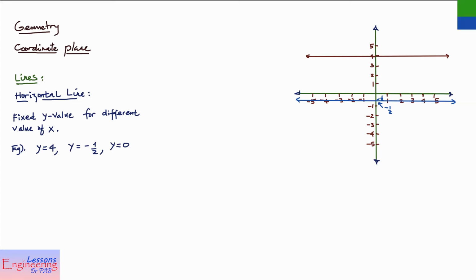Okay, the last example is y equals 0. Whatever the value of x, y does not change. If you think about it, y equals 0 passes through the origin, and y will always be 0. So therefore we're talking about the x-axis. The horizontal axis, the x-axis itself, is defined by the equation y equals 0.